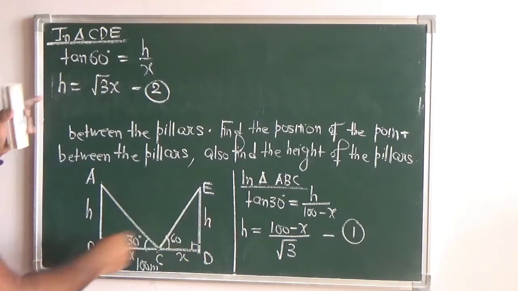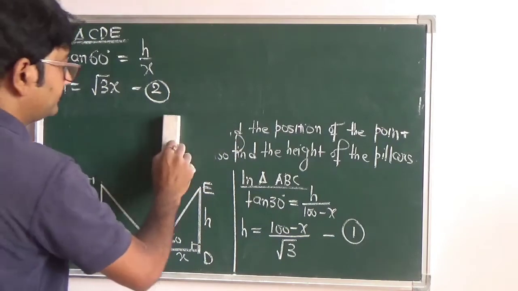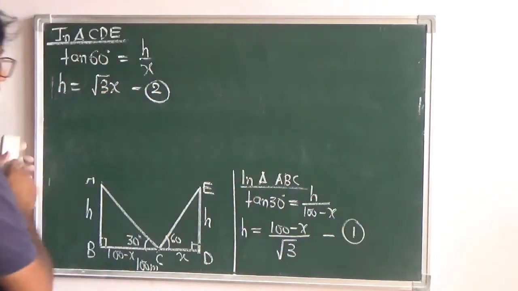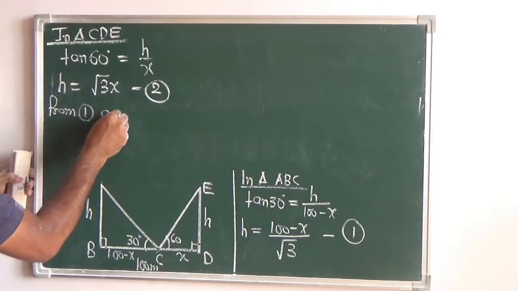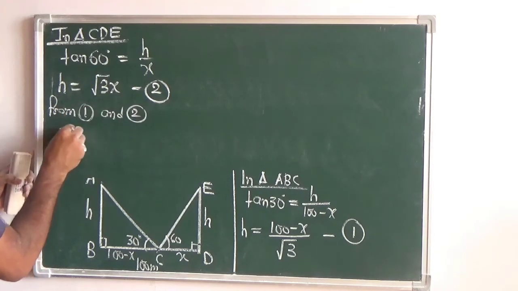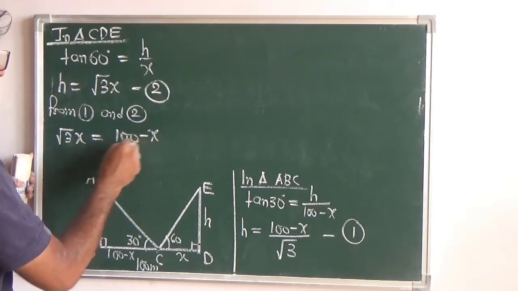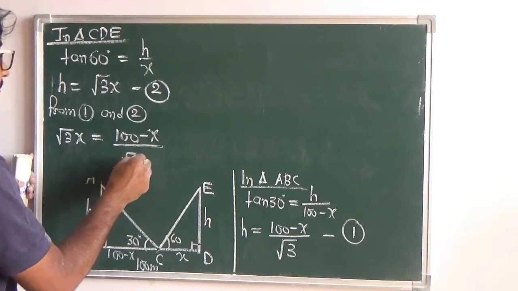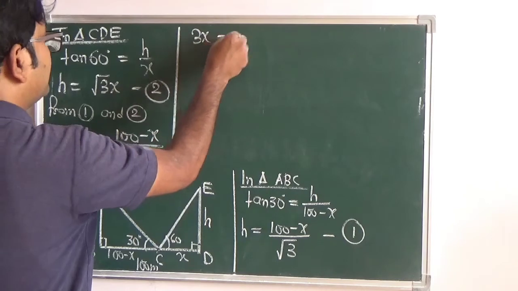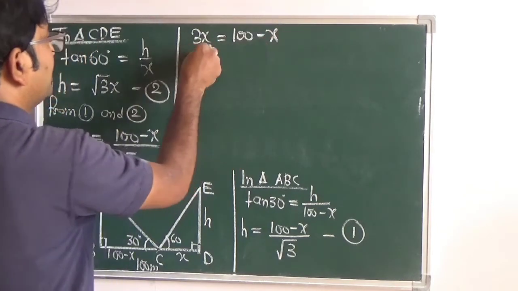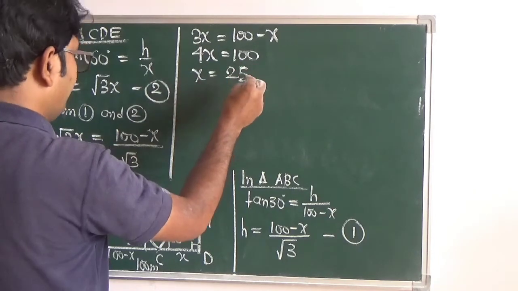Now from 1 and 2, root 3 X equals 100 minus X by root 3. So 3X equals 100 minus X, 4X equals 100, or X equals 25 meter.